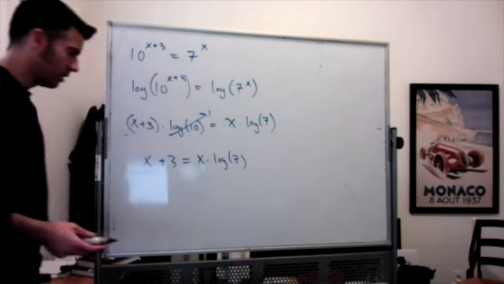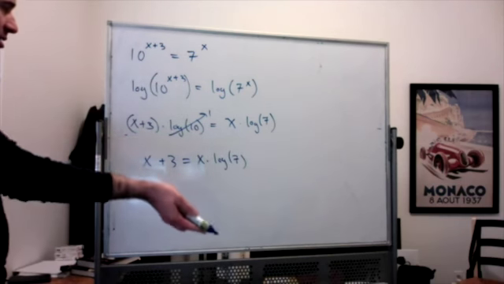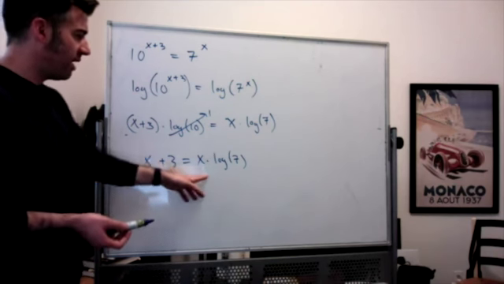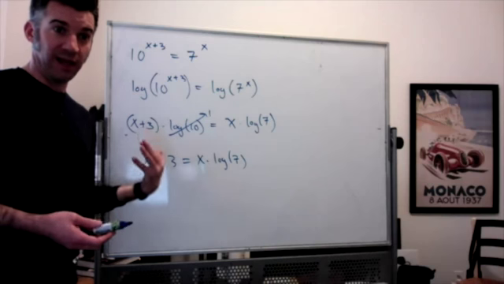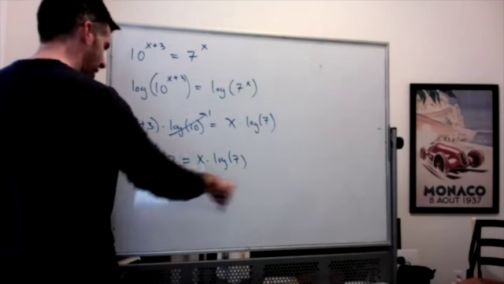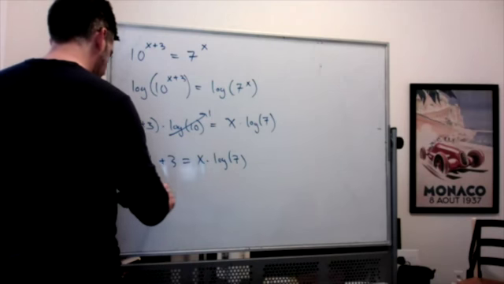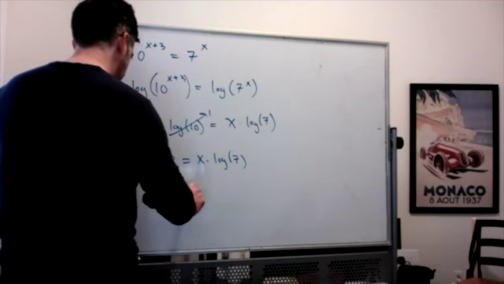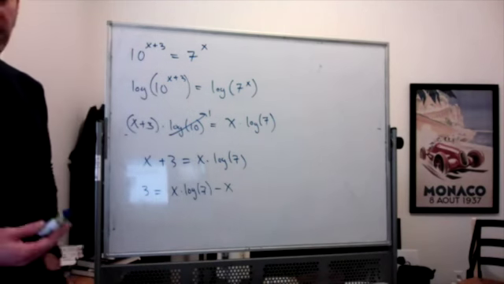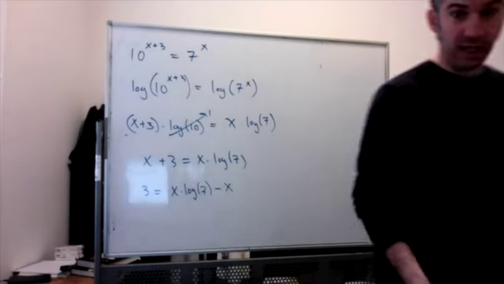So I'm going to try solving for x. I'm going to bring all my x's to one side. Since I already have an x on the right and I don't have any non-x terms on the right, I'm going to bring my x's to the right. So I'm going to subtract x on both sides and say that 3 is equal to x times log of 7 minus x.